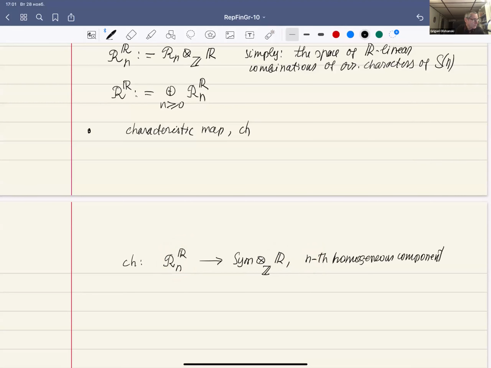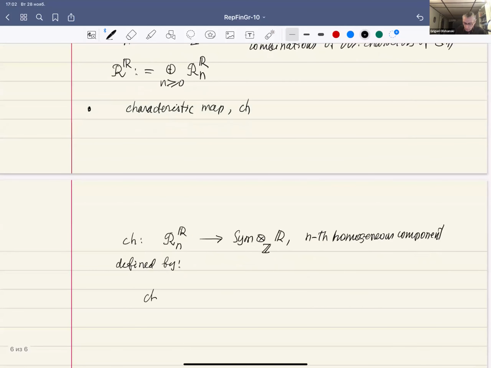It is defined by the following property. If we apply this to this function, then the result is the power sum.